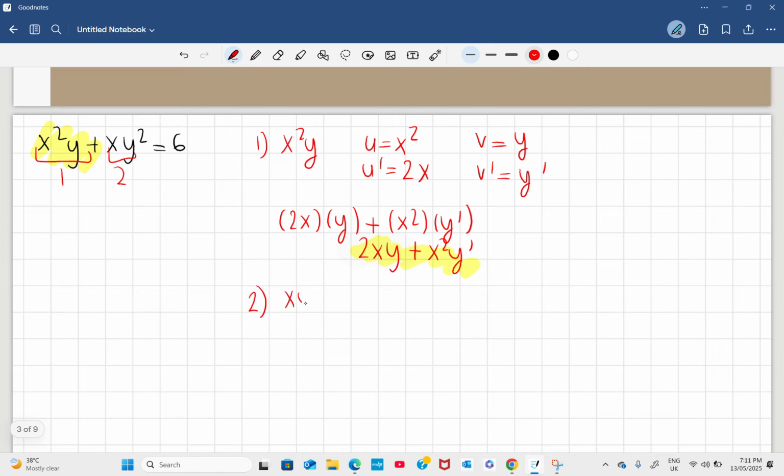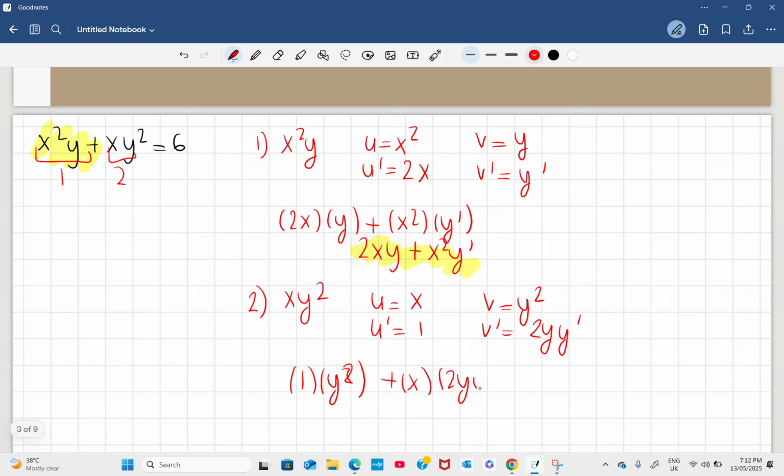I have xy squared, u is x, and my u prime is 1. My v is gonna be y squared, my v prime is gonna be 2y y prime. Chain rule, I'm gonna take the 2 out, y stays the same, and then multiply by the derivative, which is y prime. Okay, I'm gonna solve, so I'm gonna get 1 into y squared, we can just write y squared, but then just to show, plus x into 2y y prime.